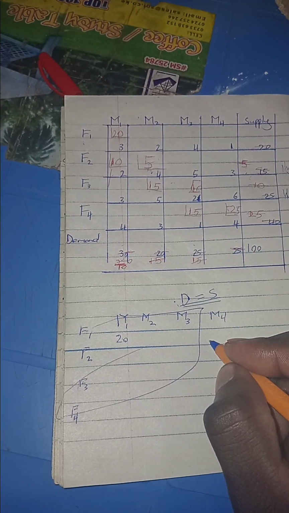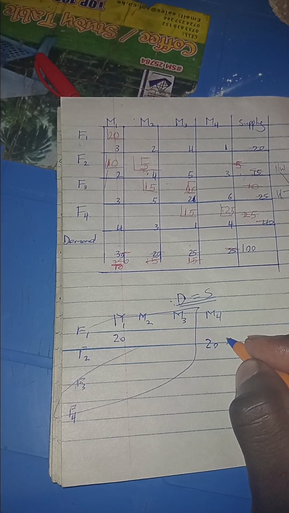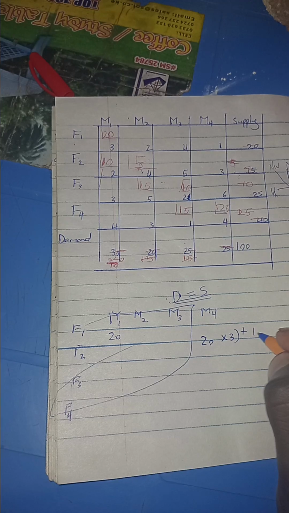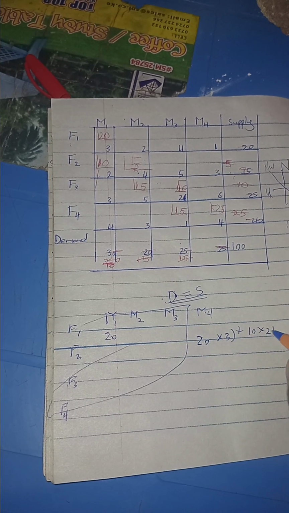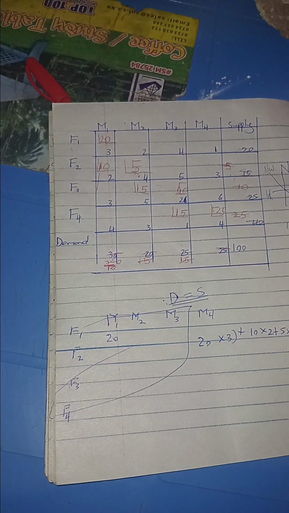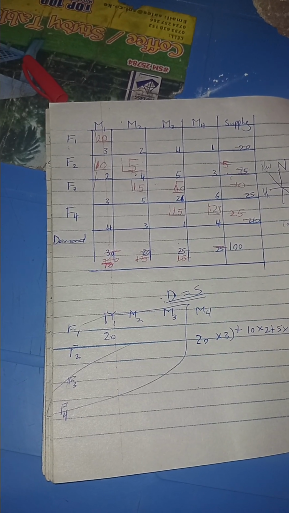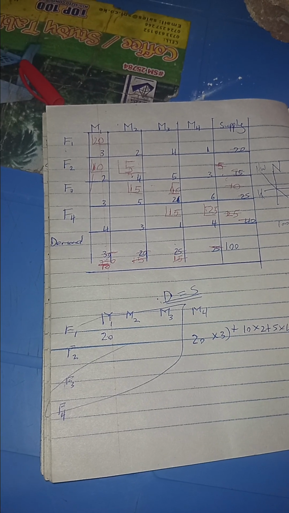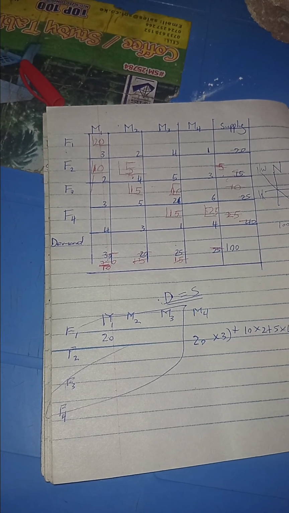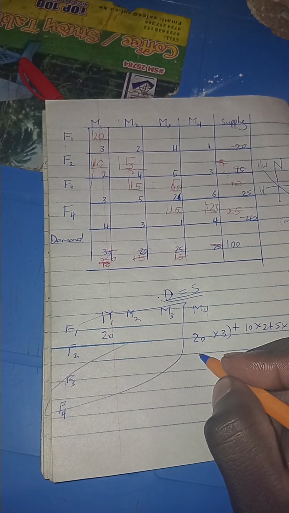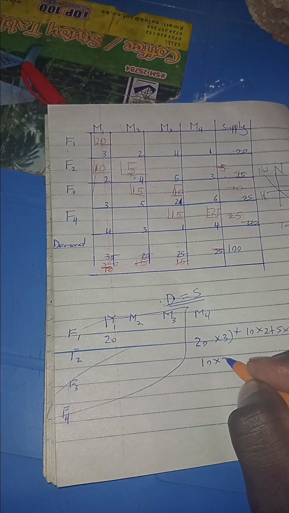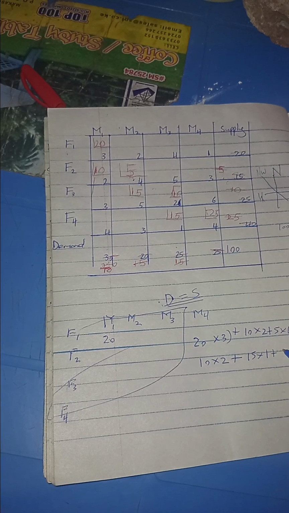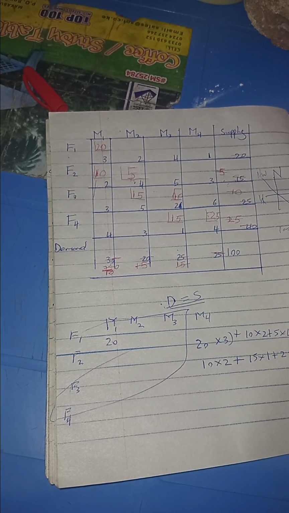Now, come here and say 20 times 3 plus 10 times 2 plus 5 times 4 plus 5, okay, plus 15 times 5 plus 10 times 2 plus 15 times 1 plus 25 times 4.